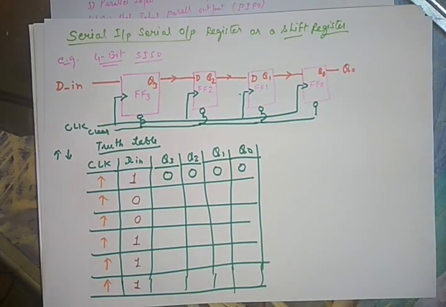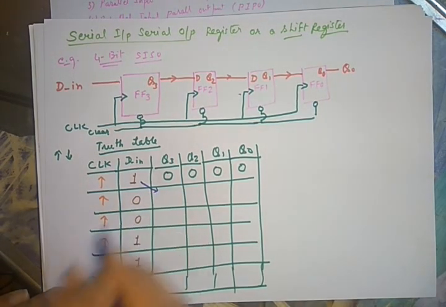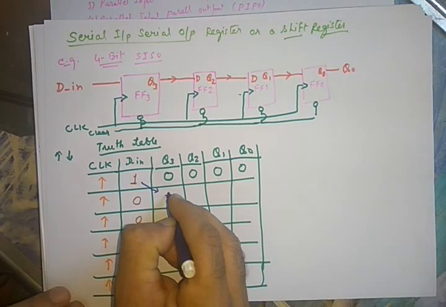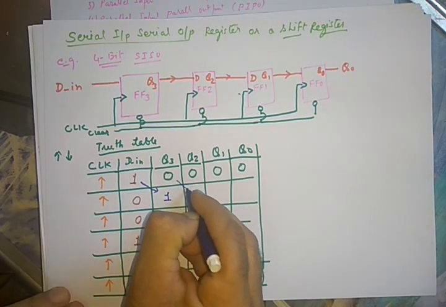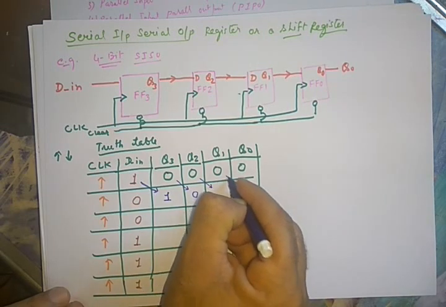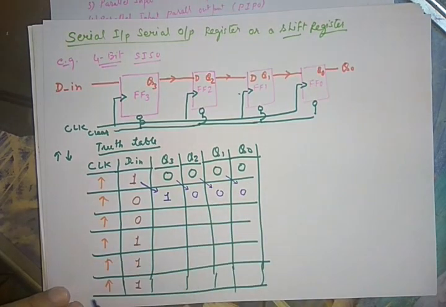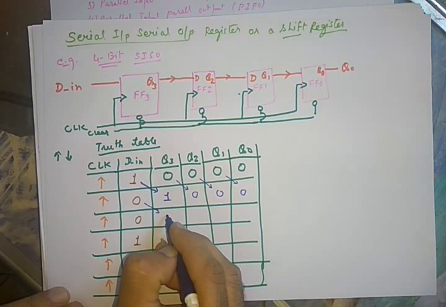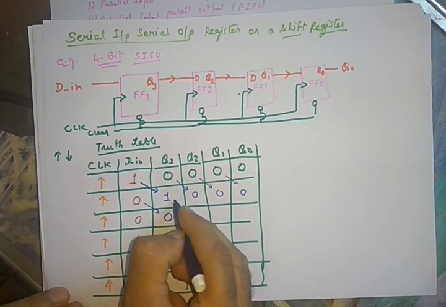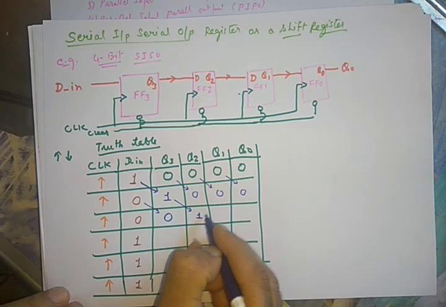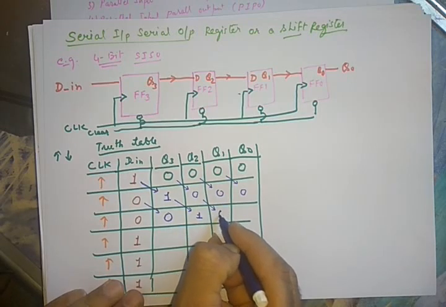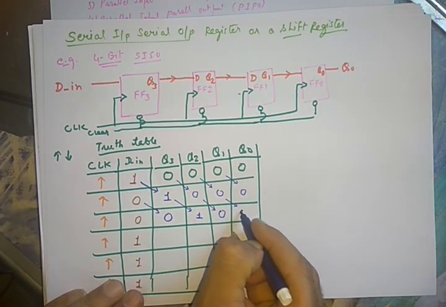Then after first clock edge, what will happen? This 1 is inserted at the output of FF3 and it becomes 1 0. This 0 is shifted here, this 0 is shifted here, this 0 is shifted here, like this. After that, this 1 is shifted at this Q3, this 1 is shifted at this Q2, this Q2 data is shifted to Q1, and this is shifted at this position.